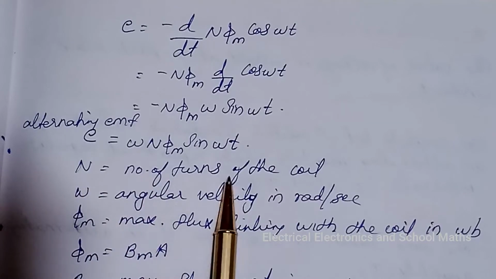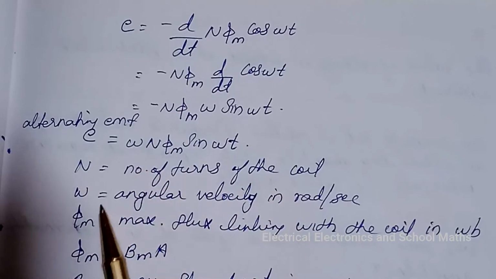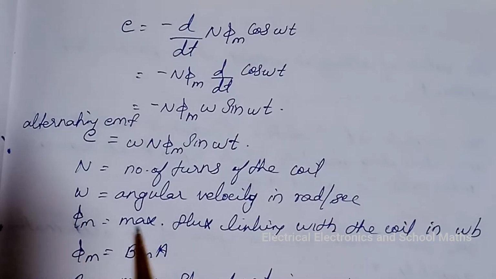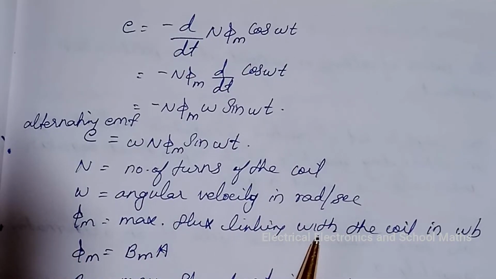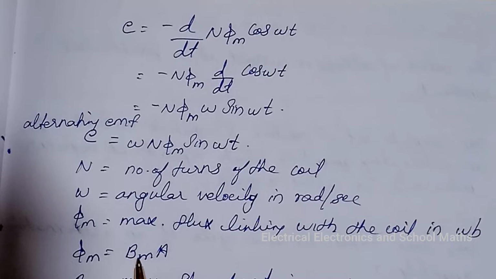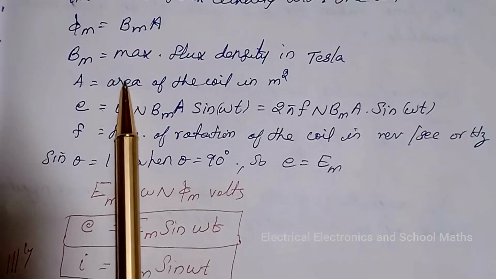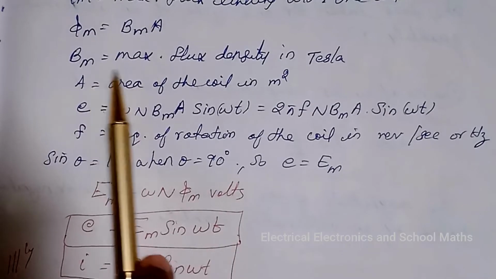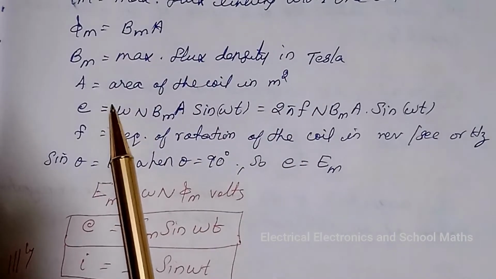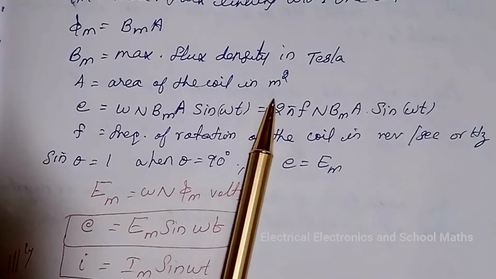Here n is the number of turns of the coil, omega is the angular velocity in radian per second, phi m is the maximum flux linking with the coil in Weber, and we know flux is B into A. So phi m is equal to Bm into A, where Bm is the maximum flux density in Tesla, A is the area of the coil in meter square.